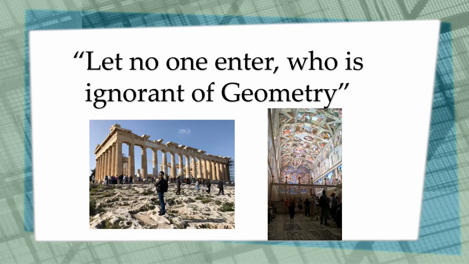Makikita mo rin doon that Michelangelo had a strong knowledge of geometry, kasi yung mga patterns na ginawa niya, yung pagka-arrange ng mga figures, makikita mo talaga na meron siyang sinusunod na geometric principles for that.